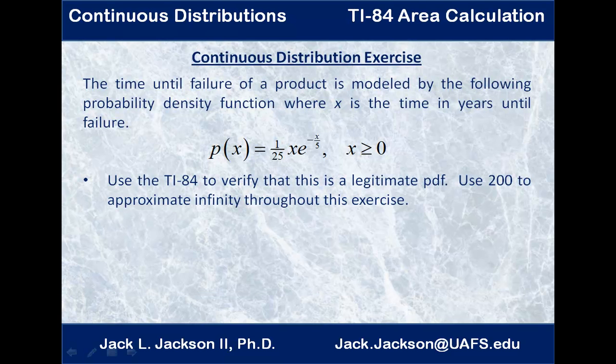How can we verify that this is a legitimate PDF? We're going to use 200 to approximate infinity throughout the rest of this when we're dealing with this function. There's actually two conditions. What are they? Okay, condition 1 is that the output has to be positive or 0. E to any power is positive. 1/25 is positive, so multiplied that's positive.